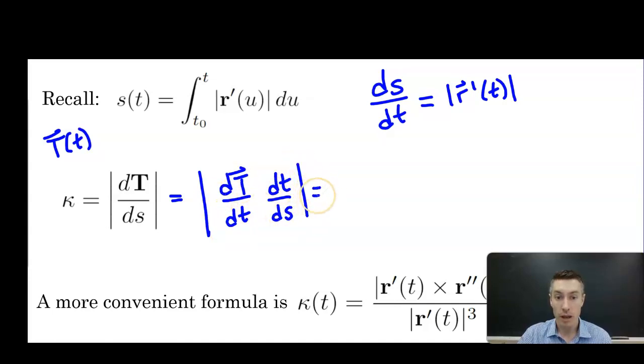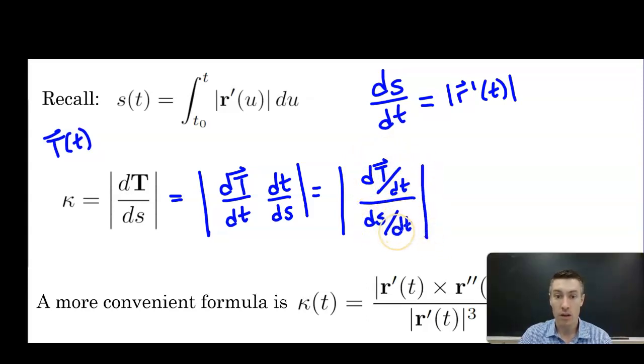So now we can rewrite this expression inside, so that's dT over dt, the derivative of the unit tangent with respect to t, over the derivative of arc length with respect to t. Now this is getting to a point that is more useful for us, since the derivative of the unit tangent with respect to t, that's just T prime of t.